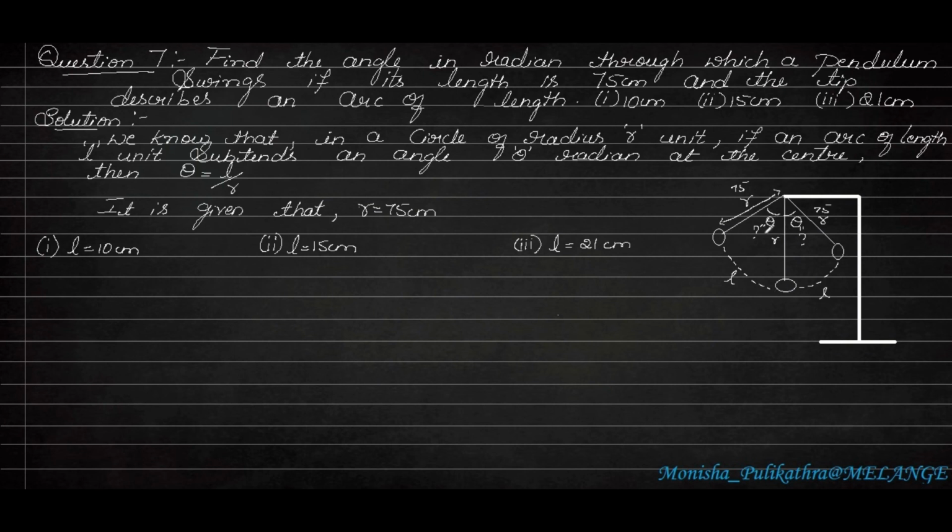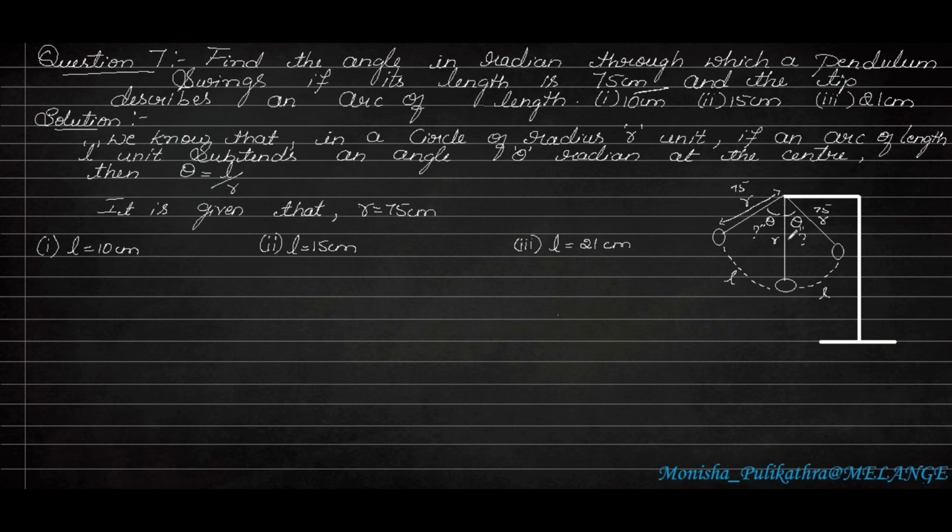So here what they have given, the radius is given. That is, the radius is given as 75 centimeter. So radius is from here to here. This is the radius, and the initial position of the pendulum will be this straight line. When we swing it, it will move to either direction. It will swing like this. A pendulum swings like this. If it swings, it makes a certain angle.